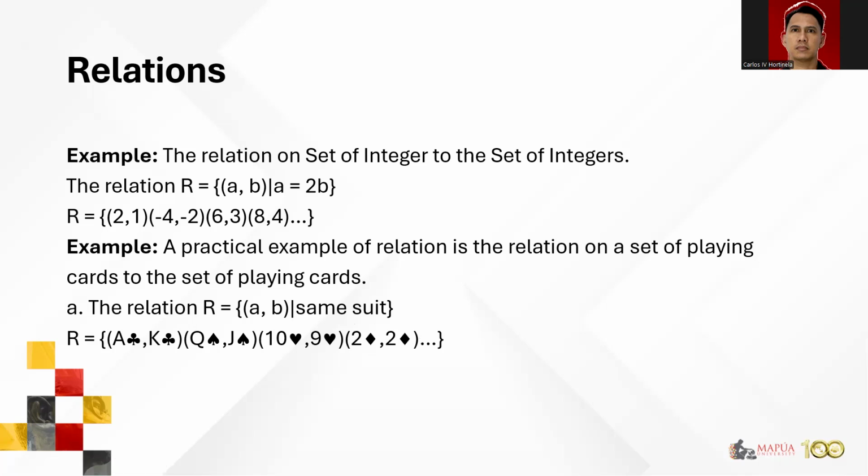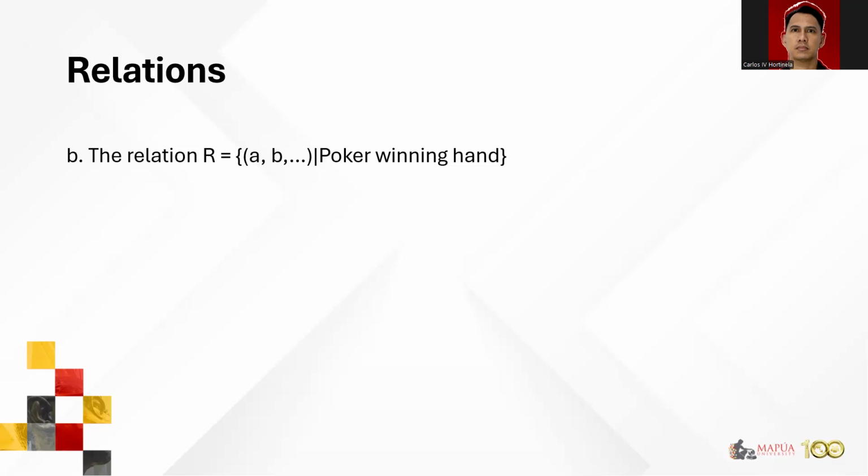Okay? Another very good example of your relation taken from a deck of cards is this example. Note that the ordered pairs in your relation set do not necessarily have to be pairs, but rather groups of elements.